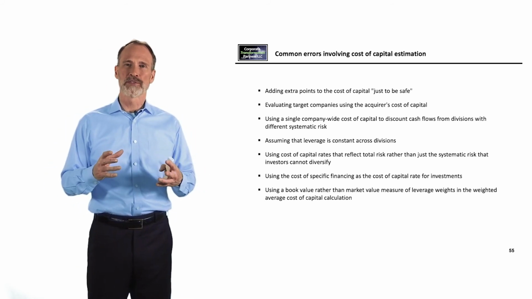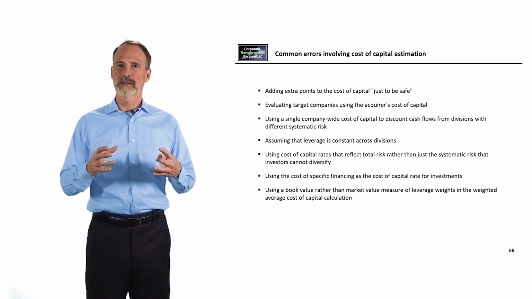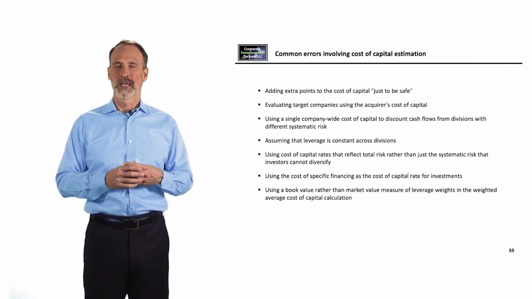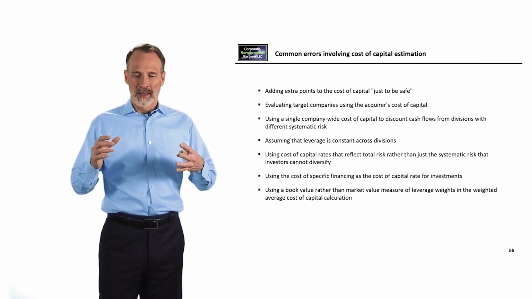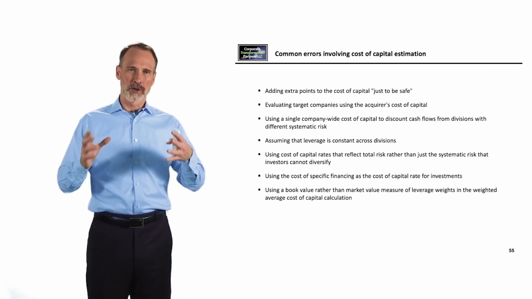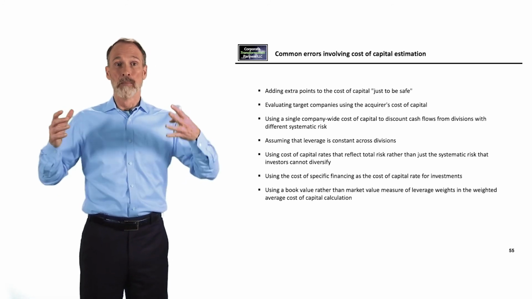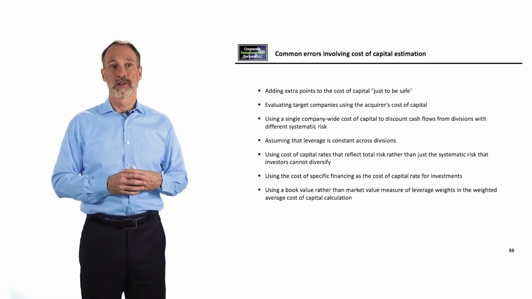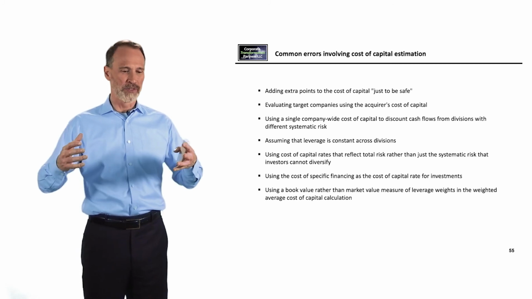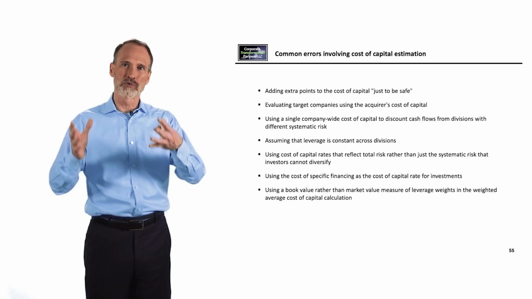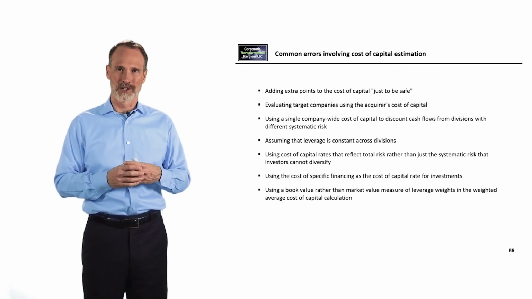But then ask yourself this: if you do that, what investments are you going to be accepting over time? And it turns out that if you only accept investments that offer returns of 14% and above, on average, those are going to be more risky investments. So the ironic outcome of this conservative assumption is you're actually steering the company toward greater and greater risk over time.